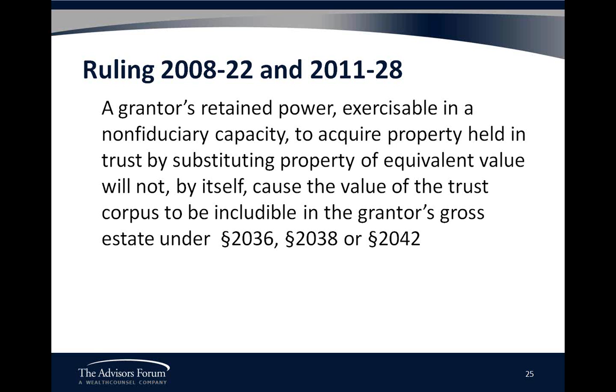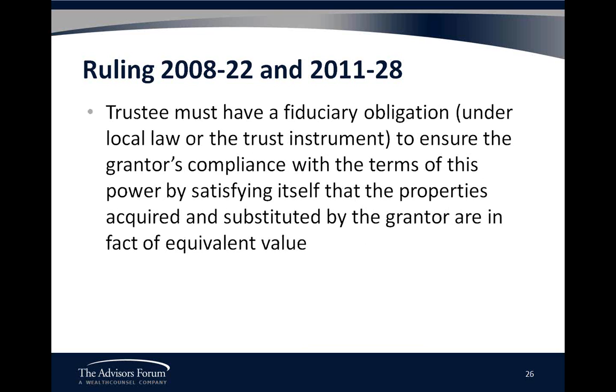Well, 3 years later, and I'm not really sure what took the IRS this long to do it, maybe they were studying it for 3 years, they came out with 2011-28, which basically is the mirror of 2008-22. Same logic, same reasoning, but it includes 2042 as a power that will not be triggered by the existence of this power.